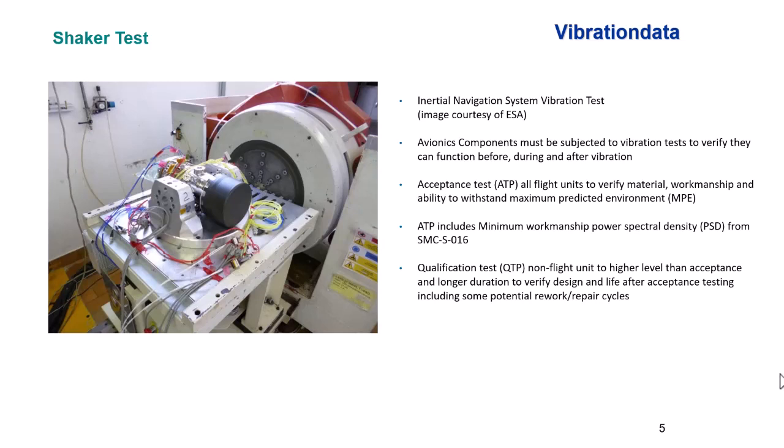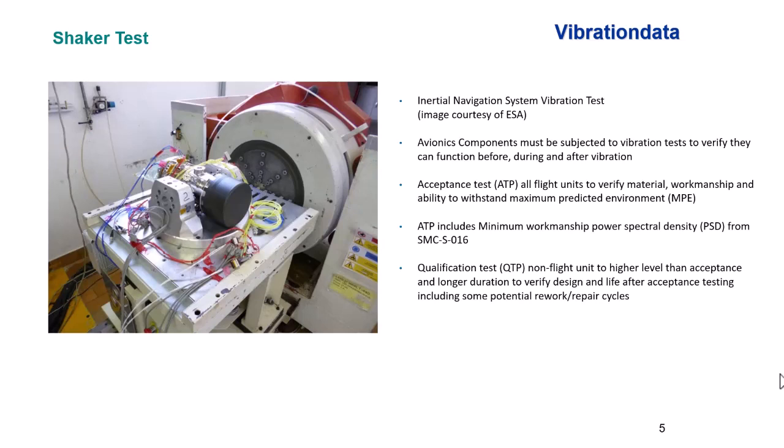Well, it could be some shipping and handling vibration along the way, but let's just say the next time it encounters vibration will be on the launch vehicle. So how do we know that it's going to still be good to go for the launch vehicle vibration? Because maybe the launch vehicle vibration will be the proverbial straw that breaks the camel's back. And the answer is we can never be 100% sure.